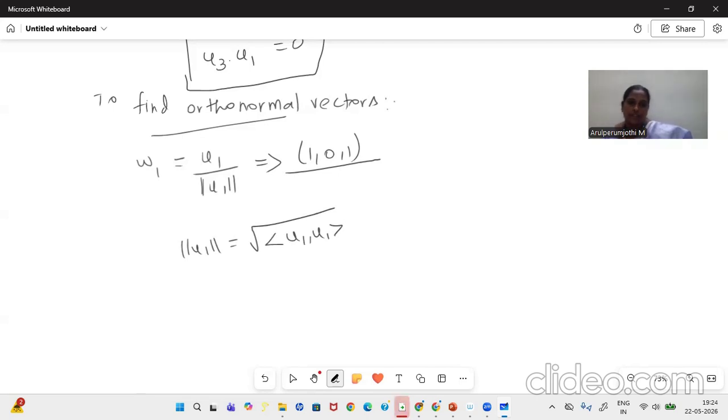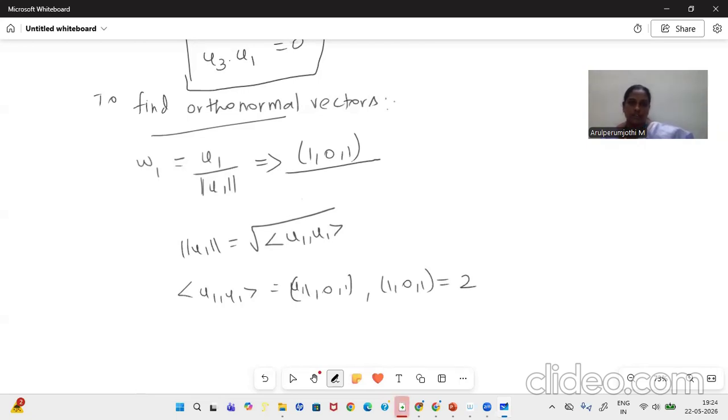So the inner product of u1 comma u1, you already know. This is u1, suppose (1, 0, 1) and (1, 0, 1). We have already found the answer. It is 2.